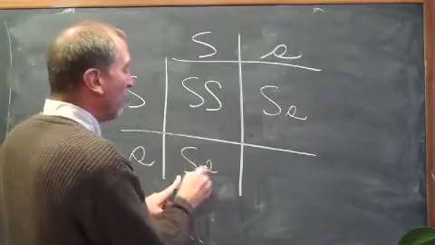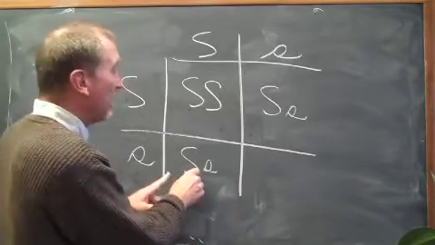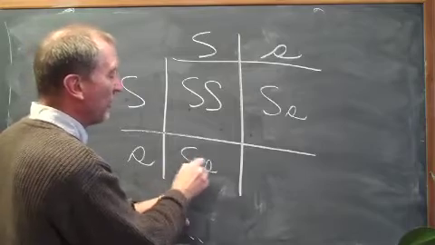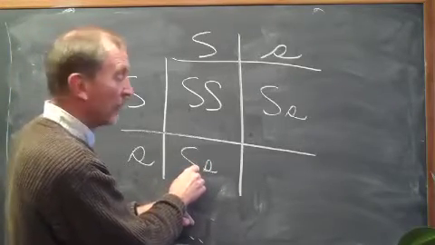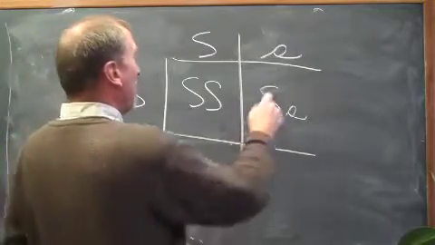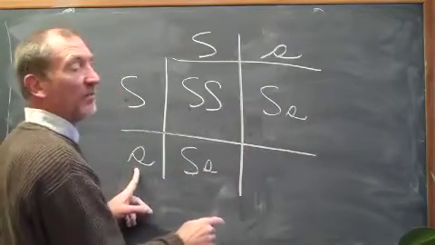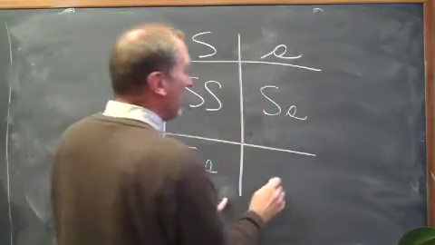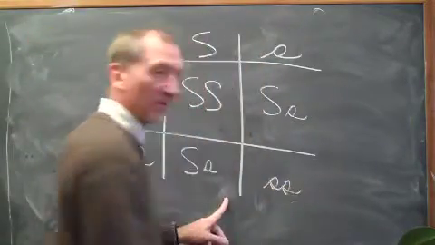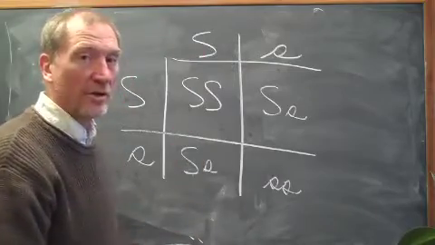You notice that when I put this notation down, it doesn't mean that one is from the male and the other is from the female. You always put the capital first, just by convention. And then if you have a recessive s female gamete with the recessive s male gamete, you get the homozygous recessive. So that's how you use a Punnett square.